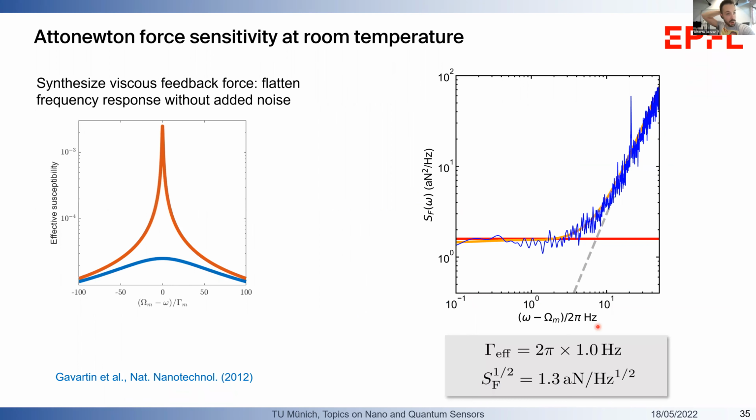In order to overcome this problem of frequency noise, we applied a simple method that basically amounts to recording the displacement of the mechanical oscillator and doing feedback cooling. That is, synthesizing a force with a piezoelectric actuator, for example, that is proportional to the velocity of the recorded displacement traces.